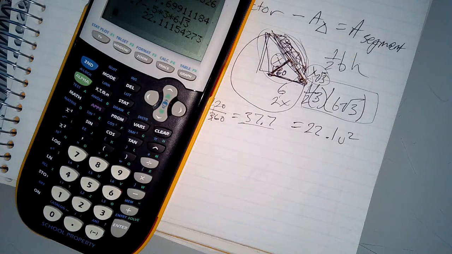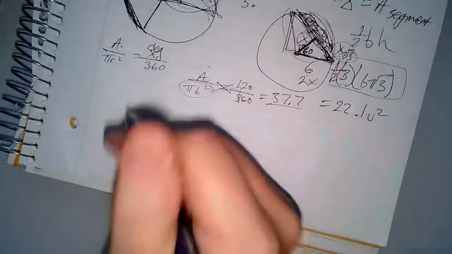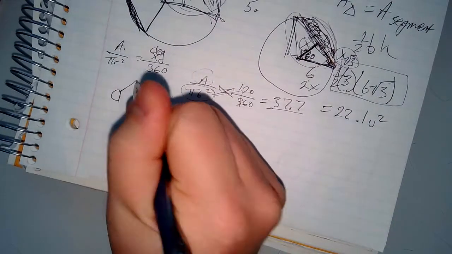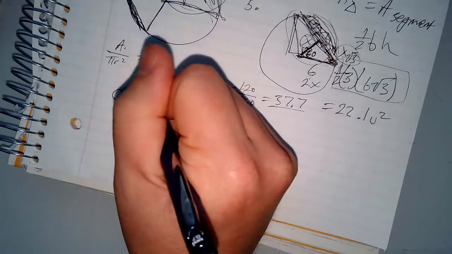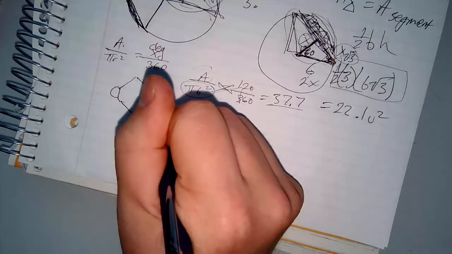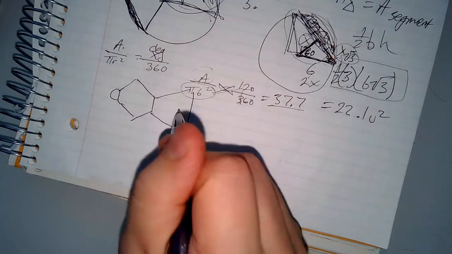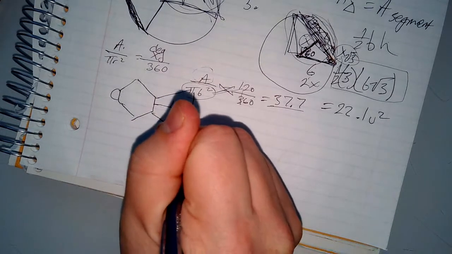Let's skip ahead. We'll do number 8. It has a semicircle, then a hexagon, then a trapezoid. It says the height of this trapezoid is 19 centimeters.